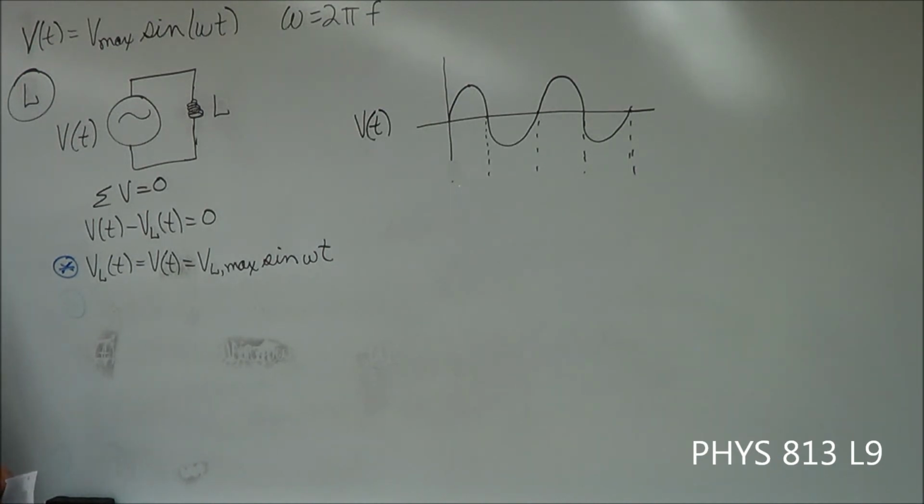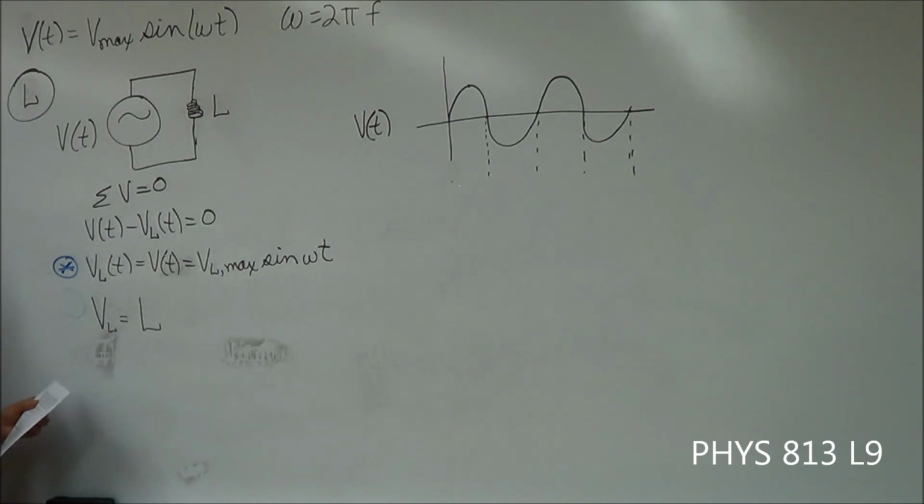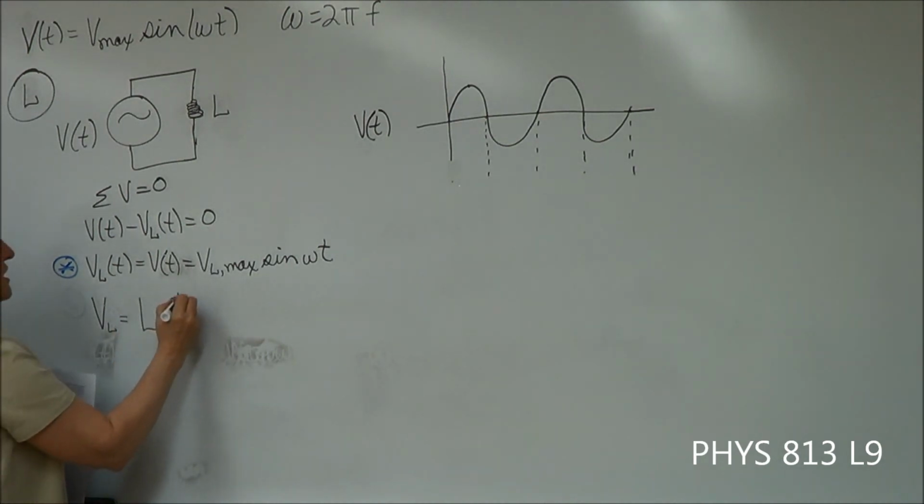At this point we really don't need to go into those details, but that's kind of what's happening. Okay, so the equation that we're going to look at to help us figure out current is that the voltage across an inductor is equal to L, the inductance, times di dt.